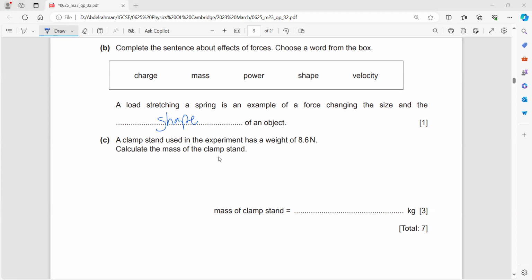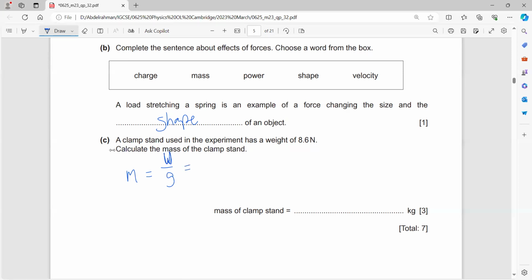8.6 times 9.8. Okay. How can I find the mass? M equals W over g. Wait, 8.6 divided by 9.8. Over g, not times.